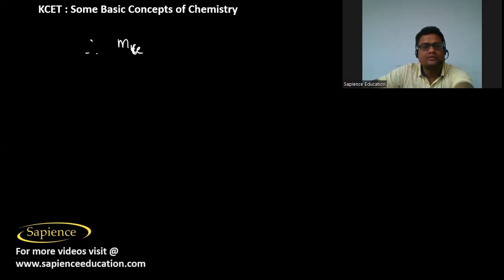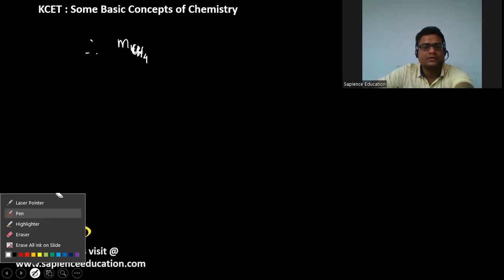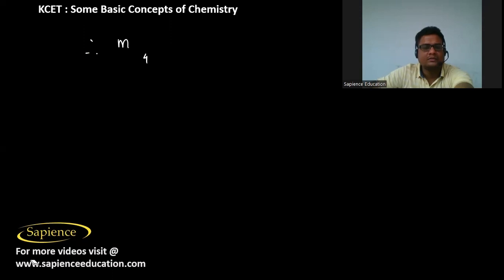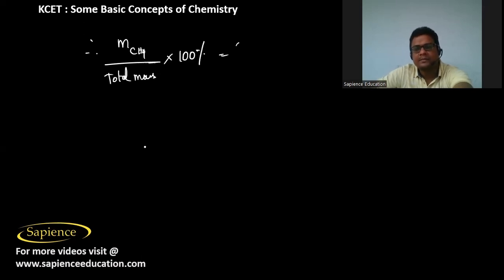So, therefore, we have to find the mass of CH4 divided by the total mass of the mixture into 100%. This we have to find.